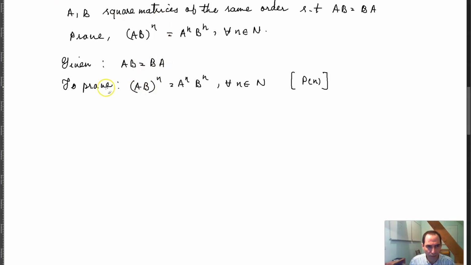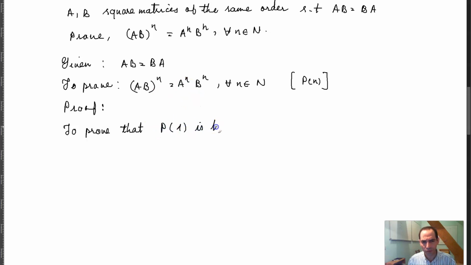The first step for the proof is to prove that P of 1 is true. To prove that P of 1 is true, we have n equal to 1, and let's call this statement number 1.